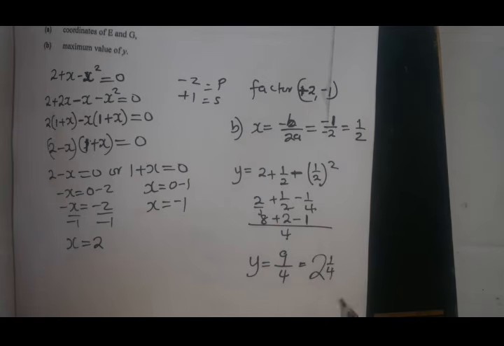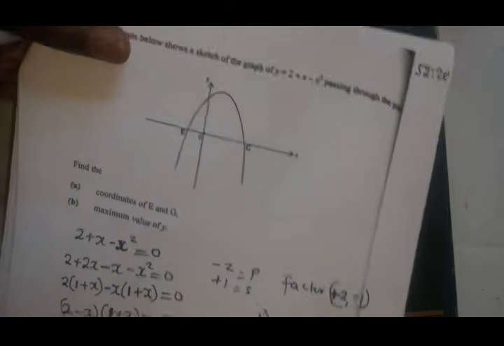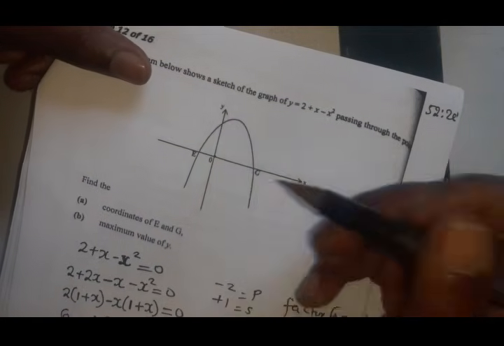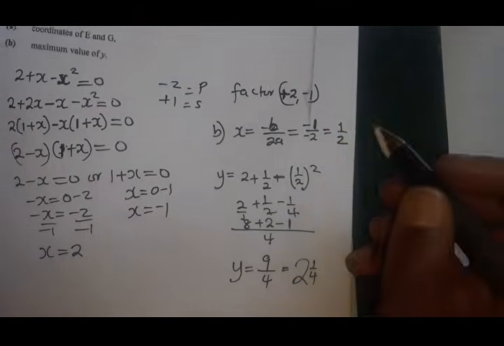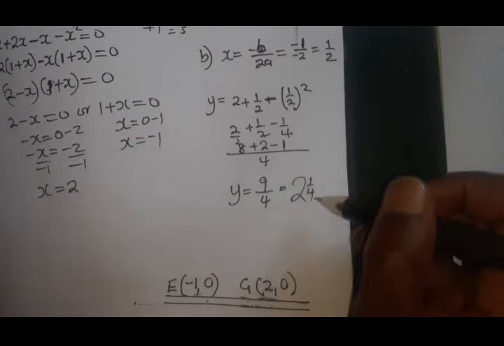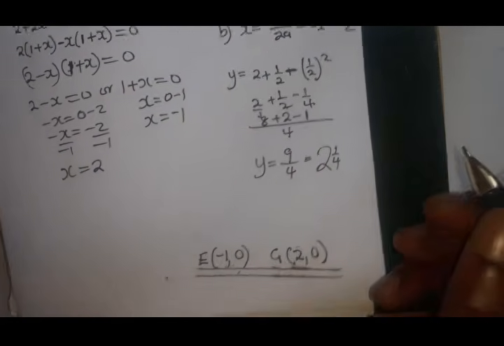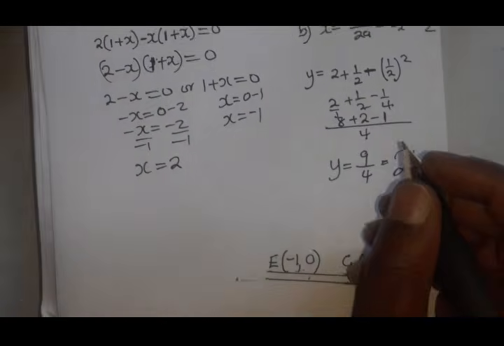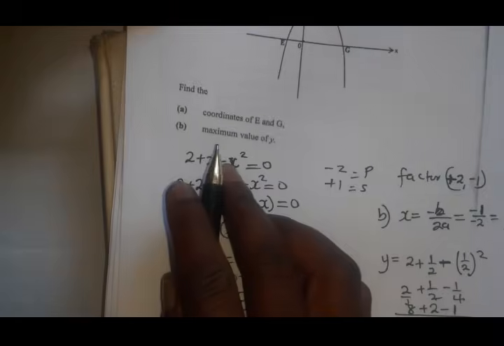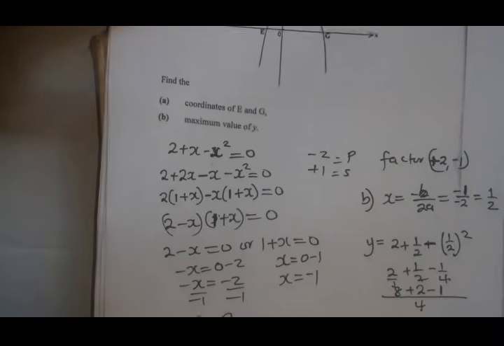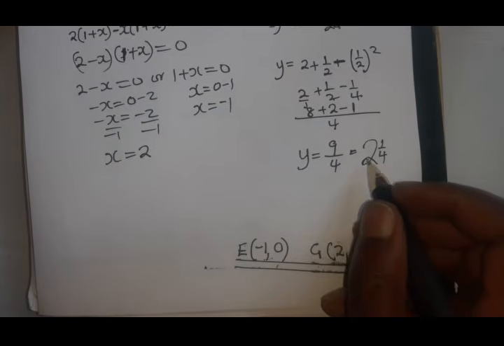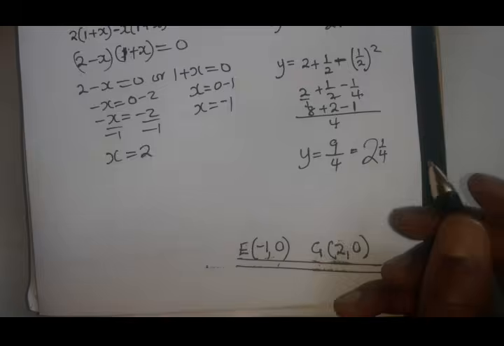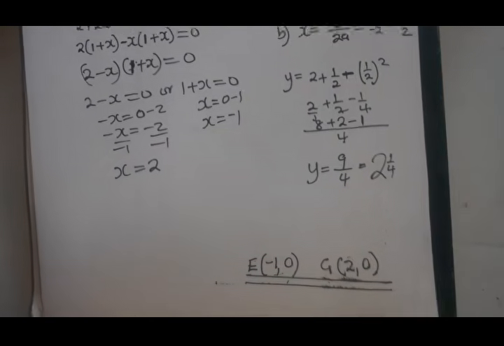So we are talking about the y coordinate at the turning point, because if they wanted us to find the coordinates of the turning point, you could have used this one as well as this one. Those are the coordinates of the turning point. So the answer to this question, which is B, is 9 over 4, or 2 whole number 1 over 4. That is what you're supposed to get.